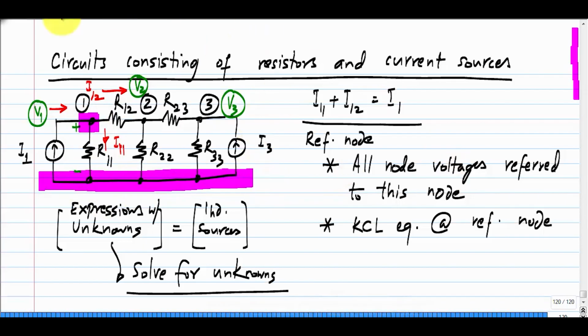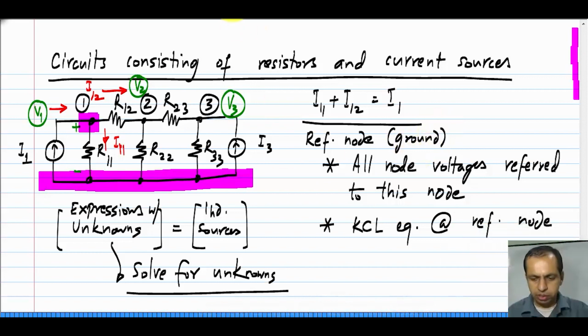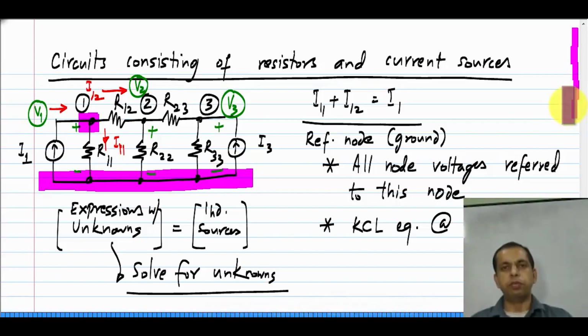Sometimes the reference node is also referred to as the ground node. Similarly, V2 is between node 2 and the reference node, and V3 is between node 3 and the reference node. I will use these variables V1, V2, V3 as the primary variables and write down my equations.